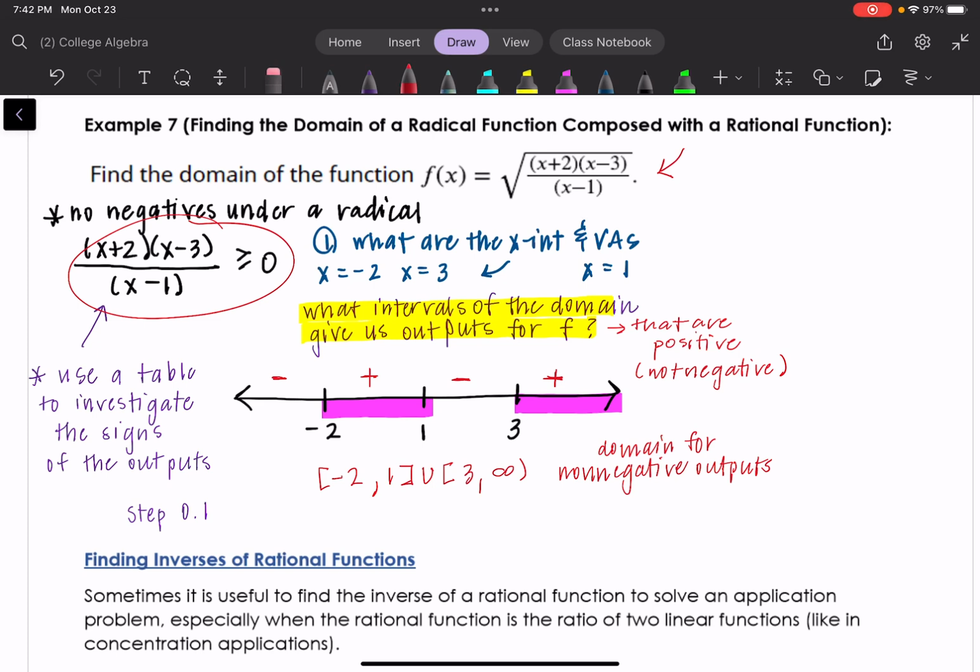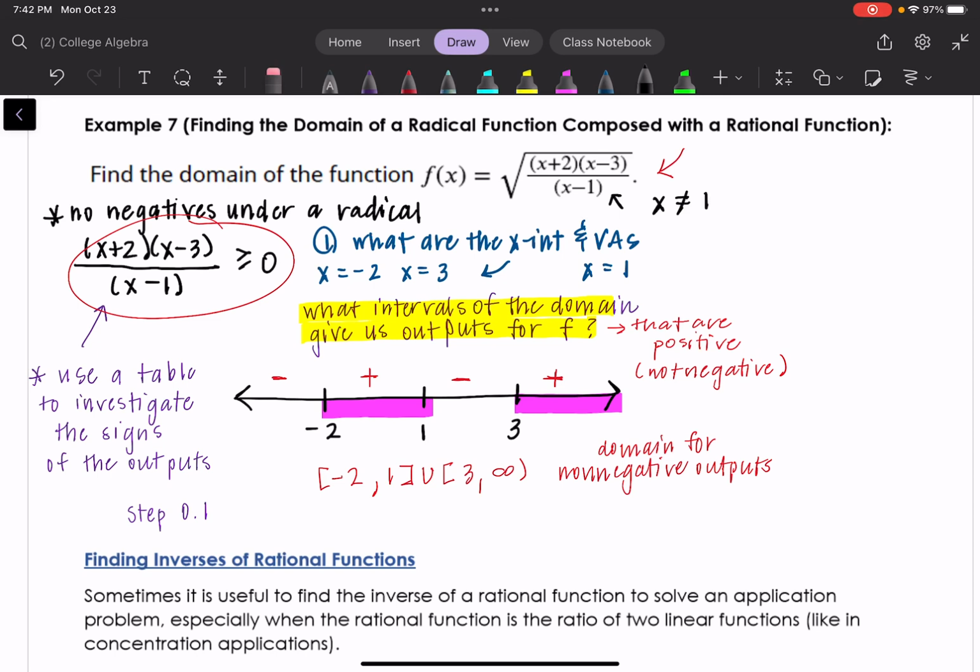And now you have to consider one extra thing, and that's that not only are we looking for negatives under the radical, but we're also looking to restrict where the denominator is going to equal 0, because that also is a domain restriction. So we have to notice that x cannot equal 1.